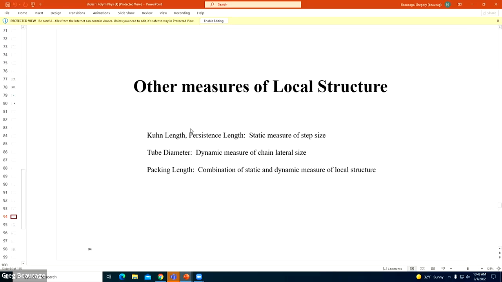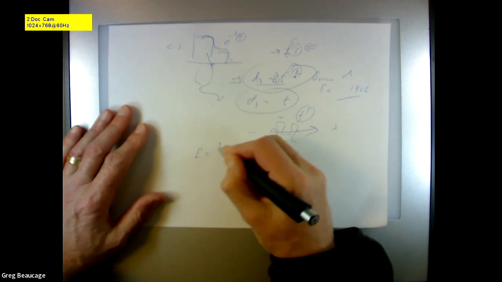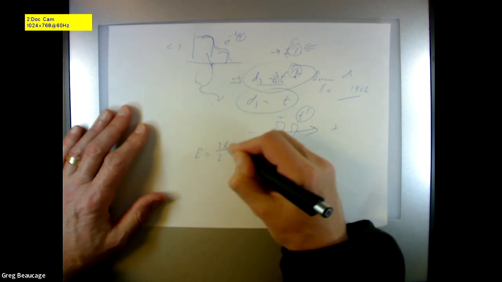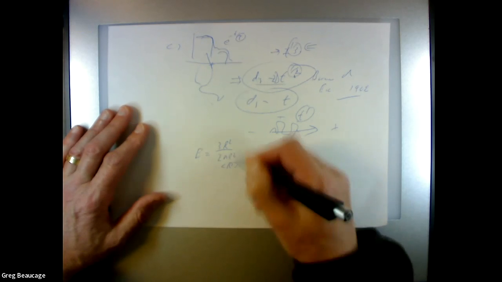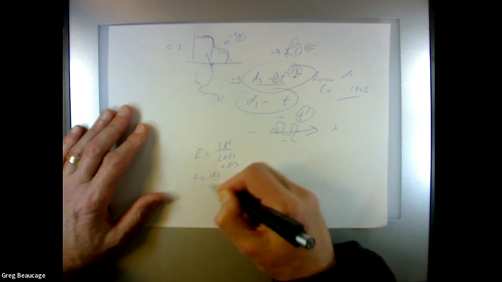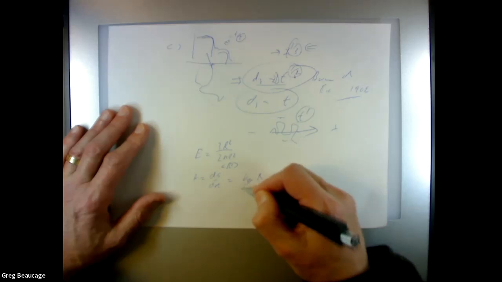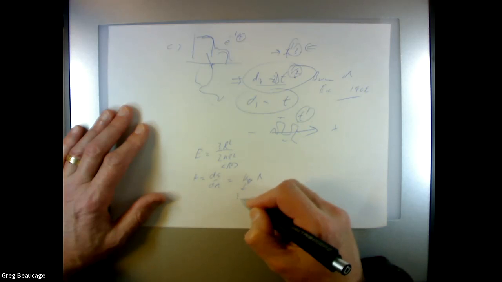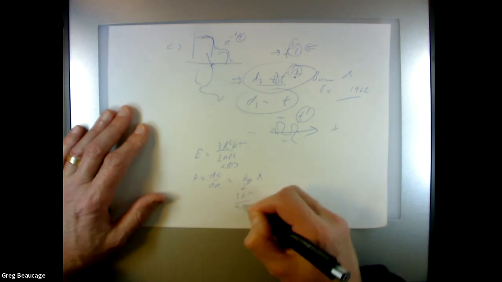So this defines the thermodynamics of the chain. Like for rubber elasticity, we said the energy is 3/2 times r squared over n l squared, where this is the average r squared. Then the force is the derivative with respect to r, so you end up with the spring constant times r. The spring constant is 3 kT over the average r squared.